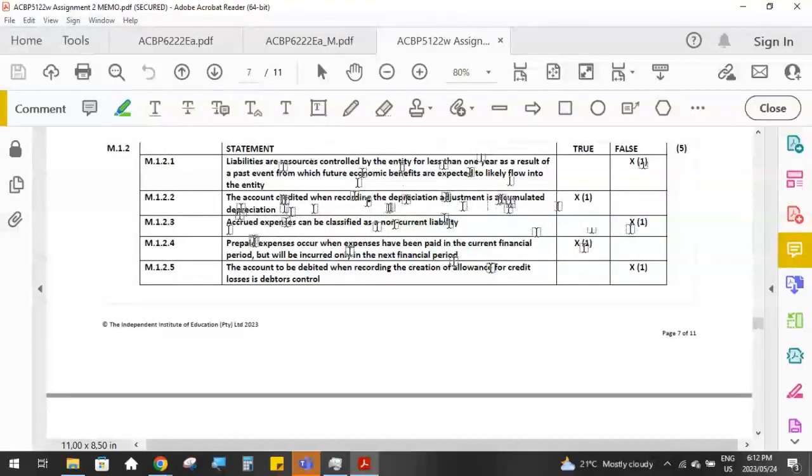So we might pay in the month of December, we actually make the payment for January's rent or for January's insurance. So we can't record that as a December expense because we might have paid the cash amount. The cash transaction took place in December, but the expense is only going to be incurred in January. So that is why we call it a prepaid expense.